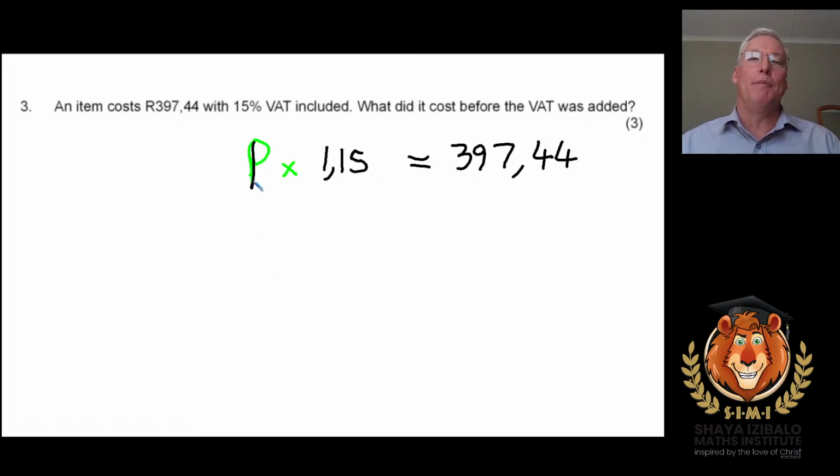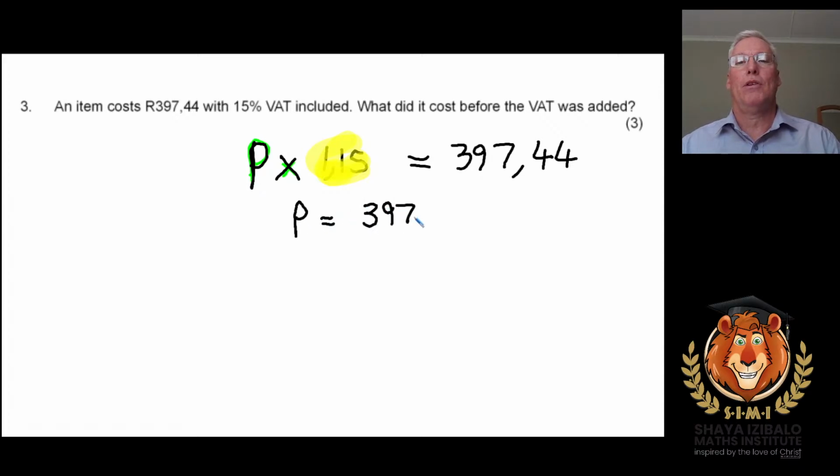So, folks, it's really a very basic equation here. We know that whatever our price was, to get the VAT put on of 15%, that's the multiplier, all right? And so, in fact, to get back to P, I'm just going to divide both sides by the multiplier. So P is going to be 397,44 divided by 1,15.